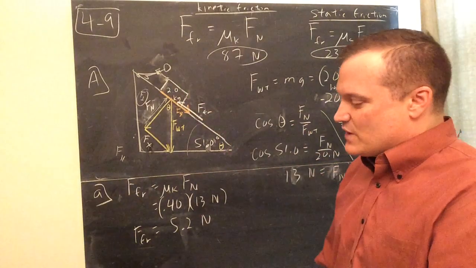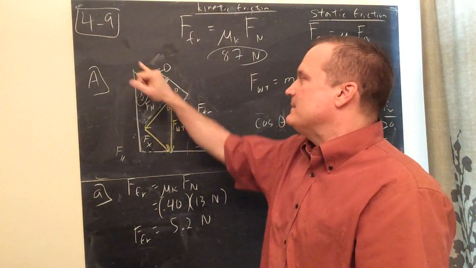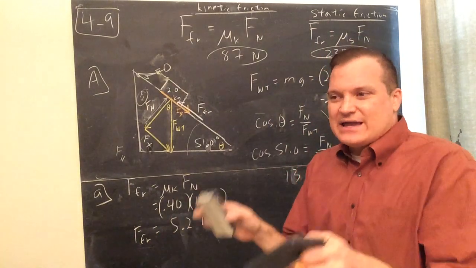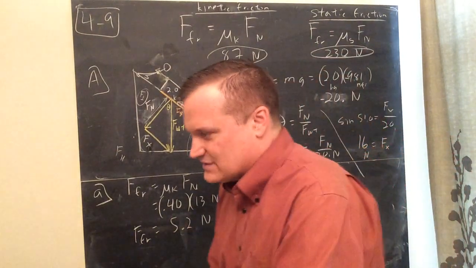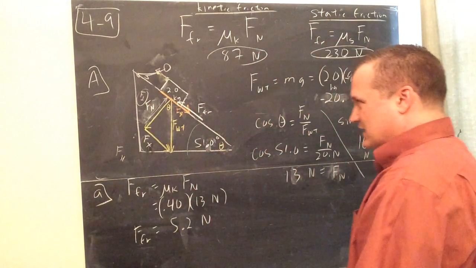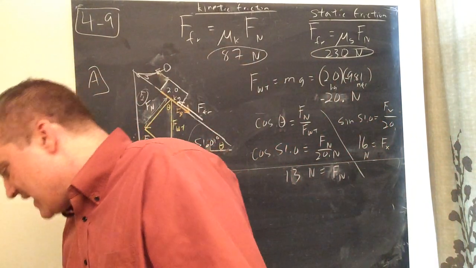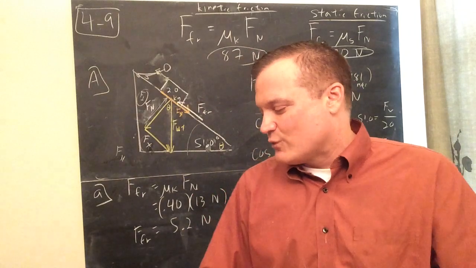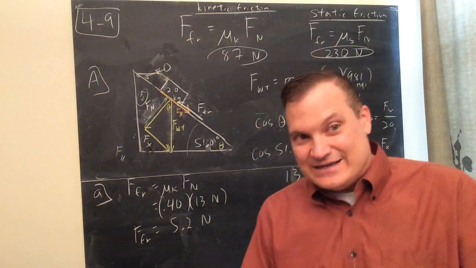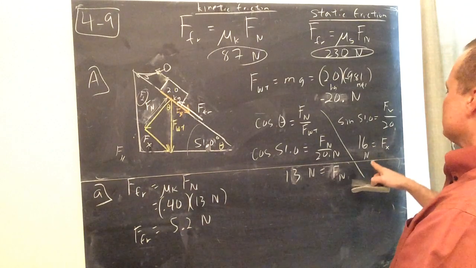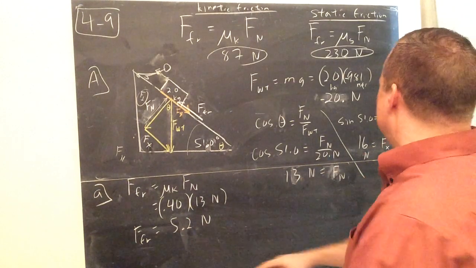If he had been putting another force on it, then we could add that force to it, but we can kind of disregard him. So I think he's just kind of holding the box as it goes down to guide it, but he's not actually putting any force on it. So instead of Critter slides the box down, you could change the word in that question to he guides the box down. He's not going to be putting a force. So we want to remember 16 and 5.2.